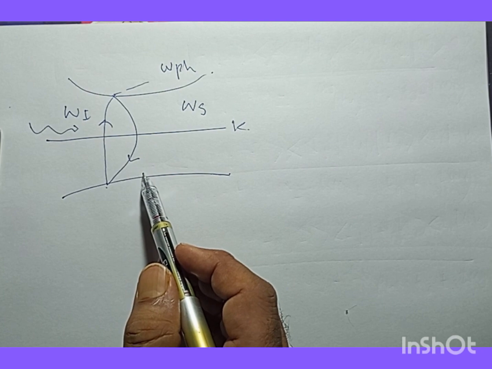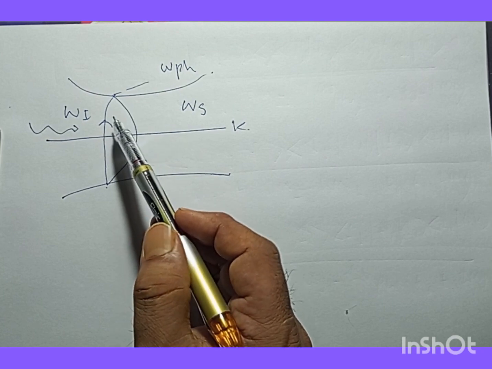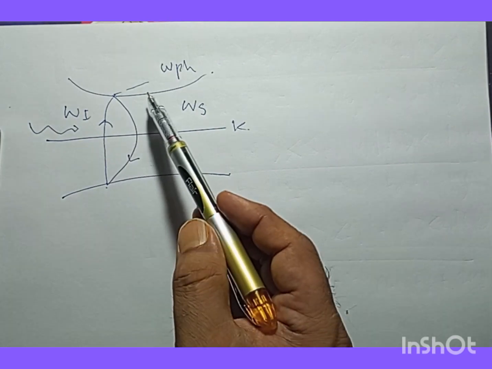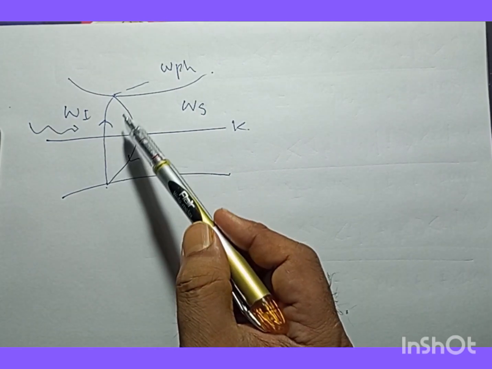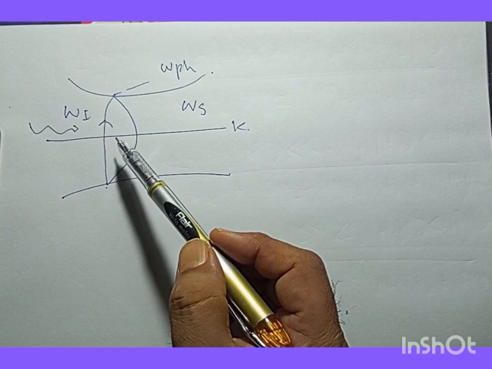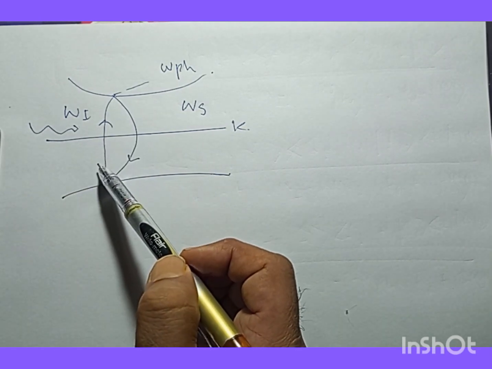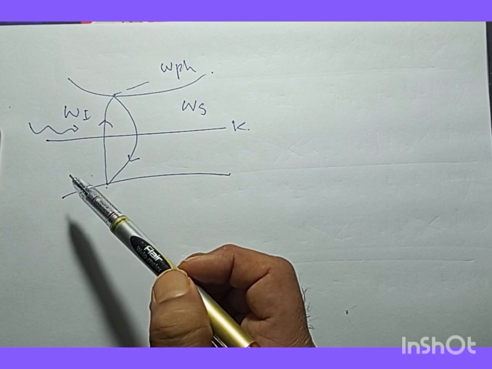What this diagram represents is light scattering by the optical phonons, wherein the electron hole pair is created. There is a creation of an electron hole pair by the absorption of the incident photon.